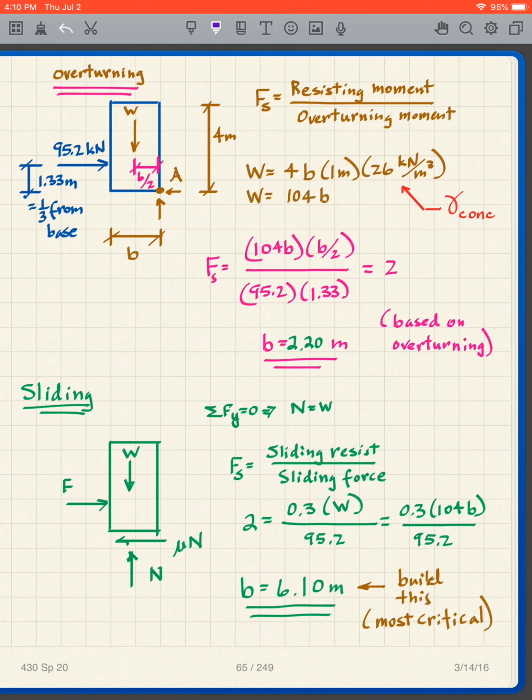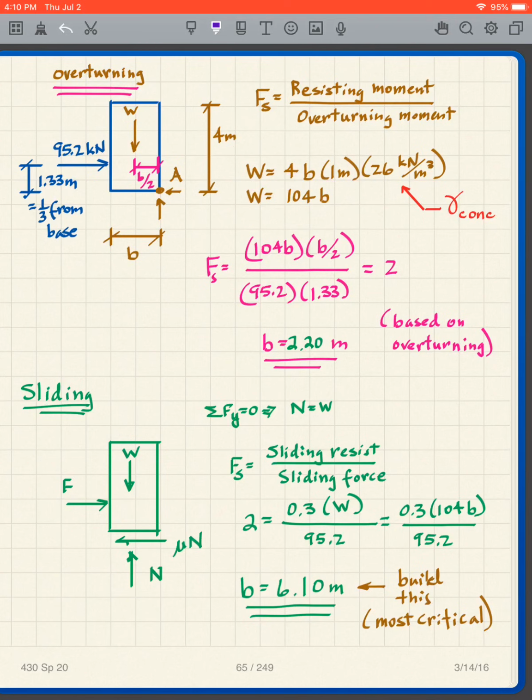So my weight is going to be 4 meters times B. That gives me the area of that rectangle times 1 meter perpendicular. So I have 4B times 1 meter. That gives me the volume of the concrete times the density of the concrete that was given. And I get that the weight of my wall is 104 times B. We don't know what B is yet.